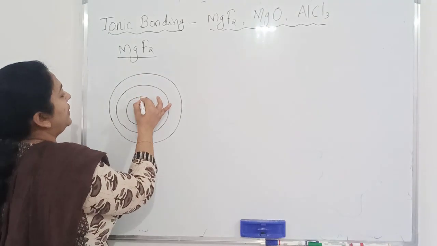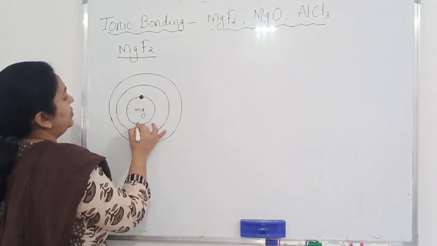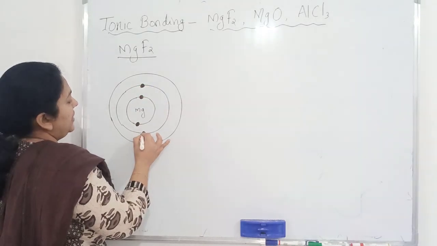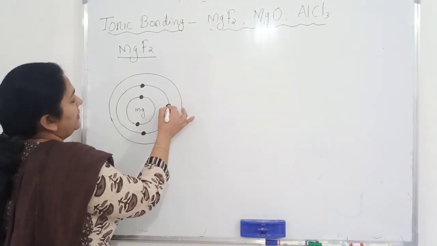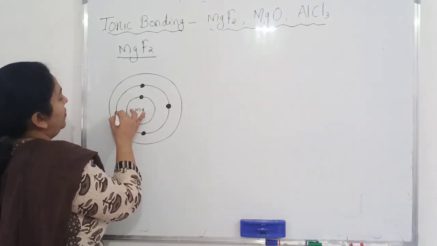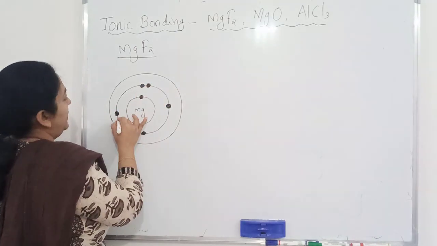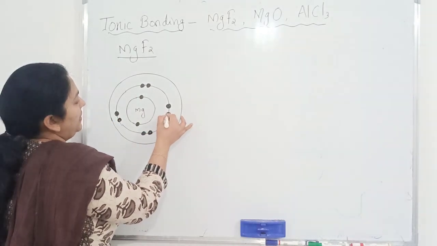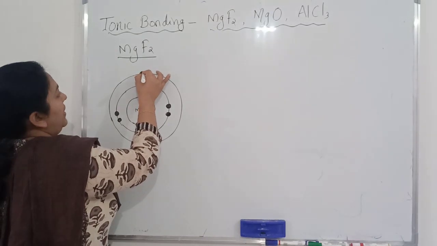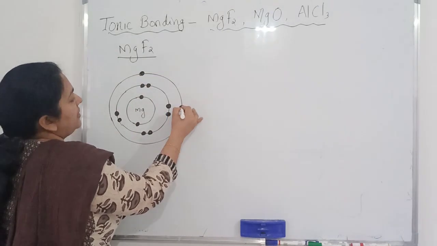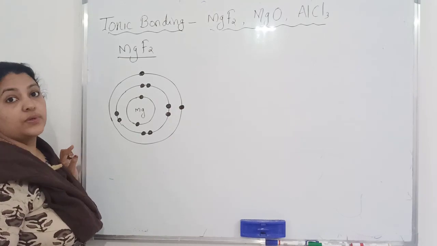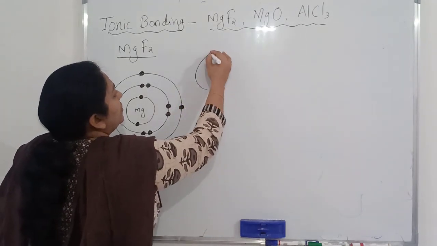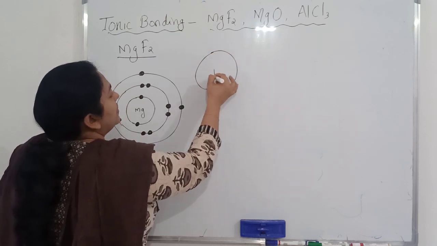So electronic configuration: first shell 2 electrons, second shell 8 electrons, 1, 2, 3, 4, 5, 6, 7, 8 electrons, and in the last shell 2 electrons. Alright. And 2 fluorine atoms are there.